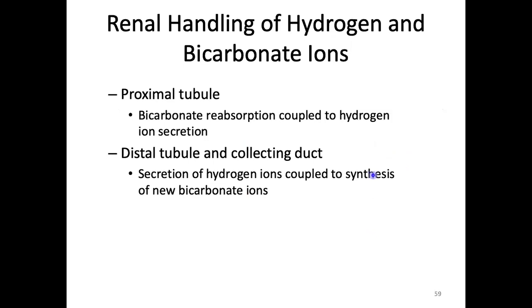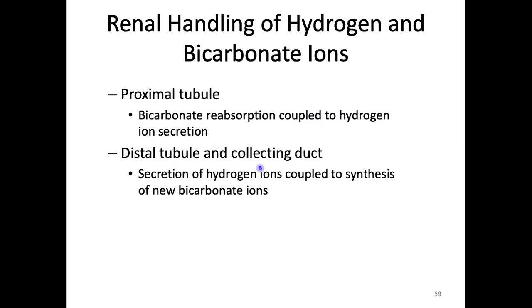How do we handle hydrogen and bicarbonate? The proximal convoluted tubule is where bicarbonate is reabsorbed and you kick out protons, okay? So hydrogen ion, you can put proton there. Bicarbonate is going to act as a buffer, so you reabsorb that back into the bloodstream, and protons get kicked out.